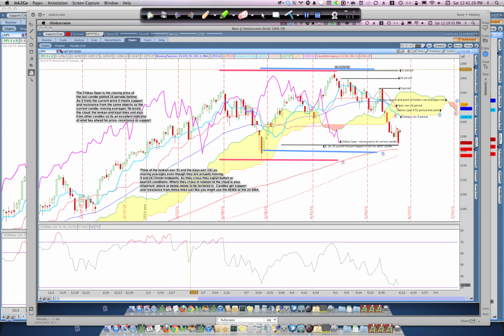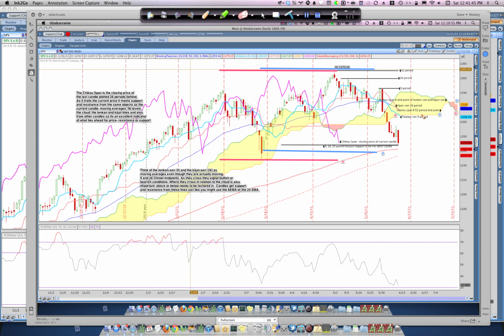Does that make sense? Flat portions of the cloud mean we're not making new highs and new lows, and that is significant. And like we draw channels and look for candles to break the channels as buy signals, the clouds are telling you the same thing.